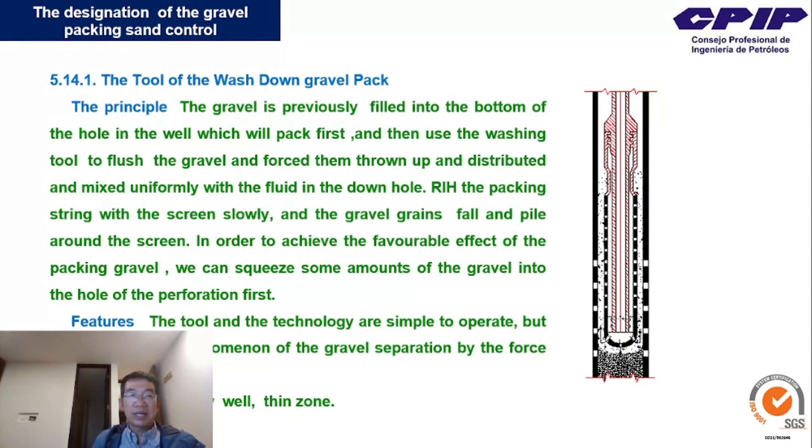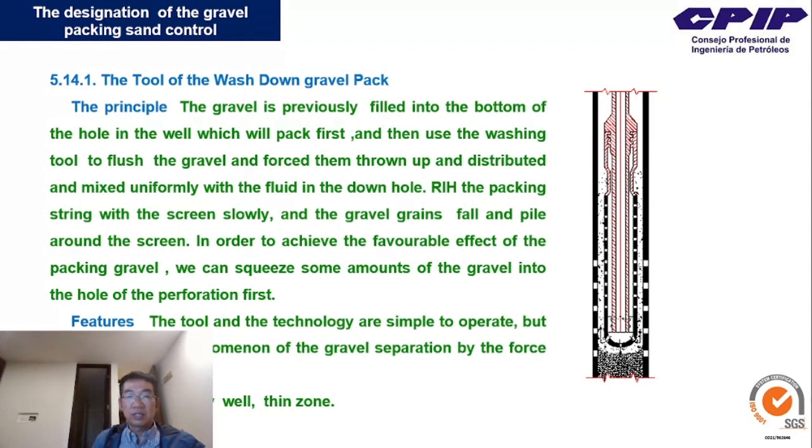Run in hole the packing string with the screen slowly, and the gravel grains fall and pile around the screen. In order to achieve a favorable packing effect, we can squeeze some amounts of the gravel into the holes of the perforation first.